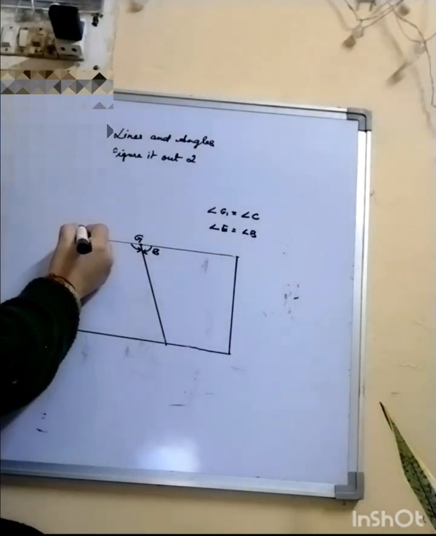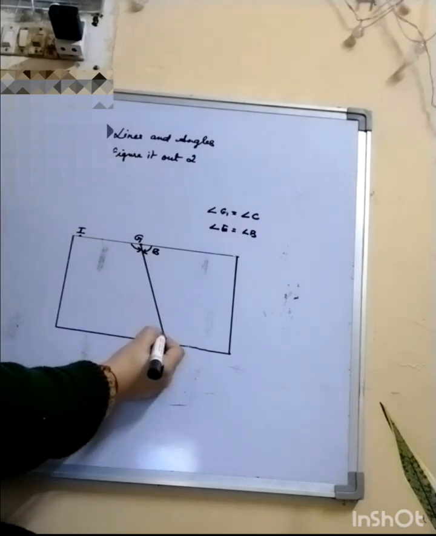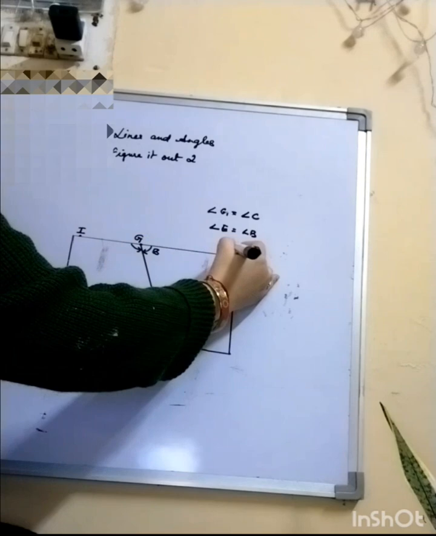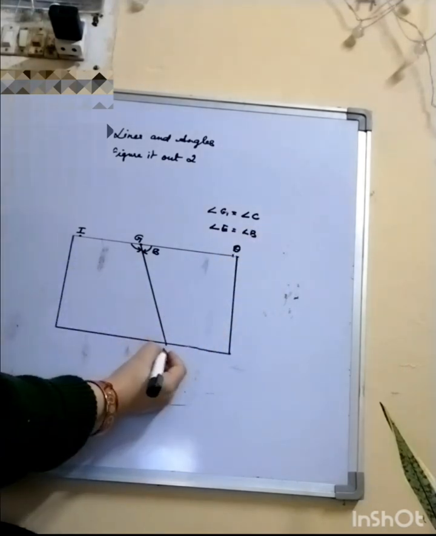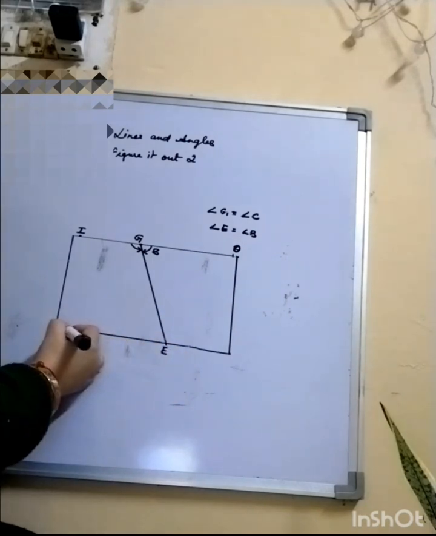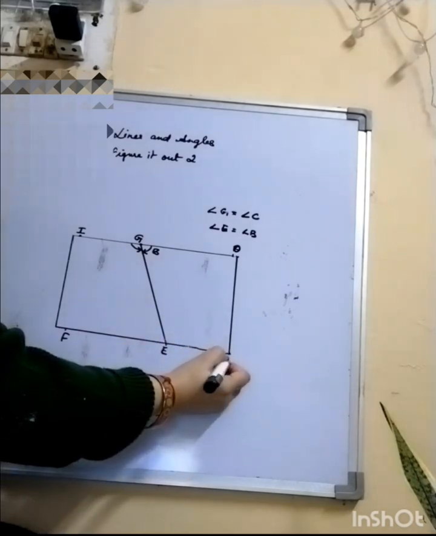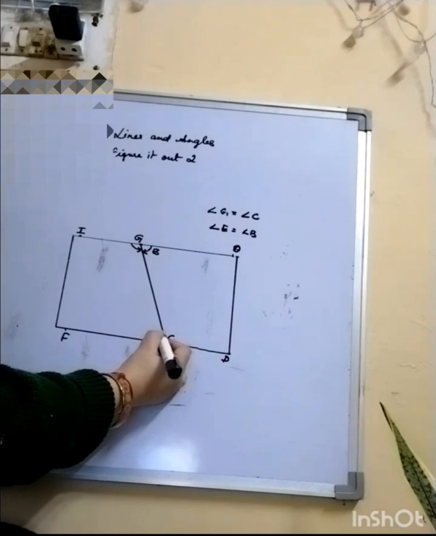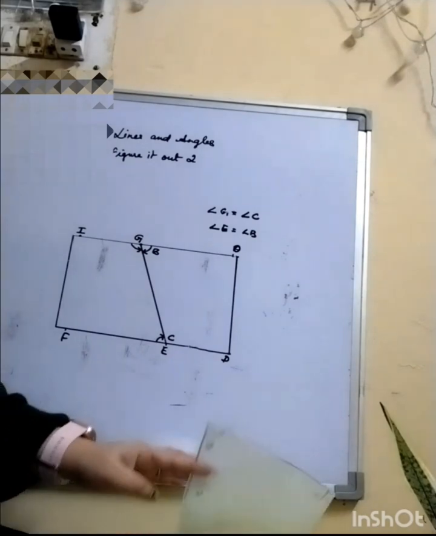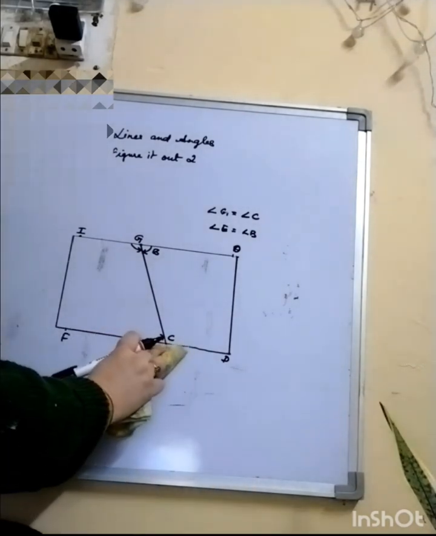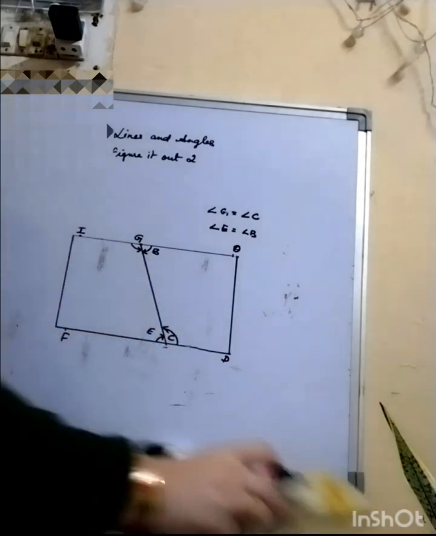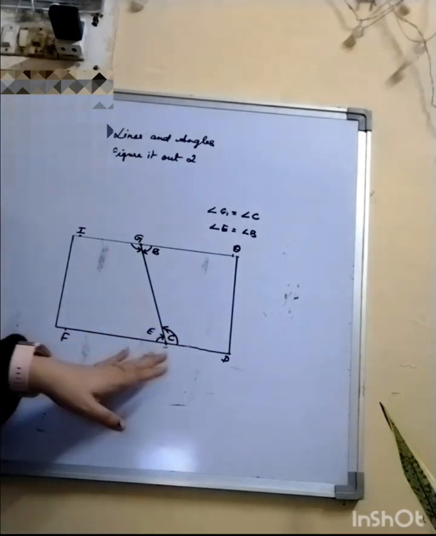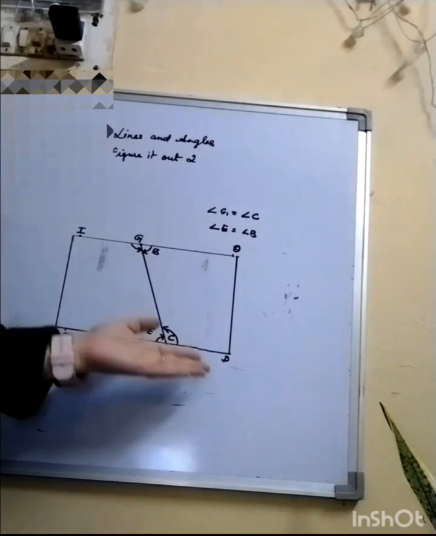So basically, if I take some alphabet here, let's give it O, then E, F, and D and C. This is angle E and this is angle C. Remember, we did overlapping of E and C, so E and C are the same.